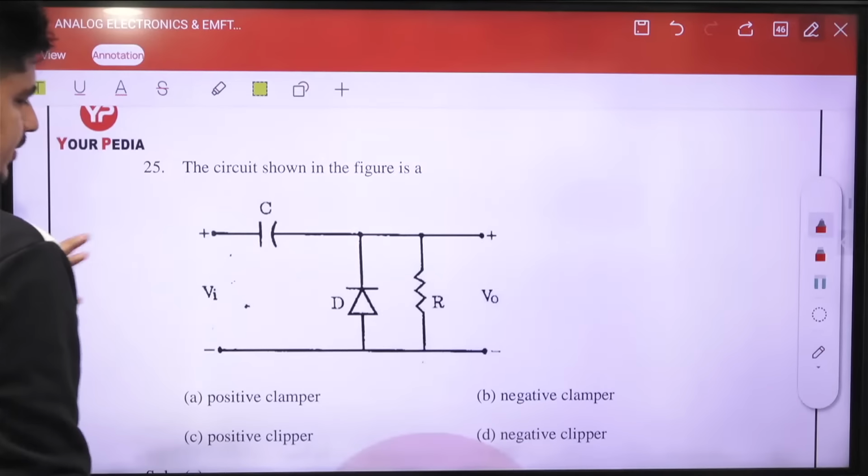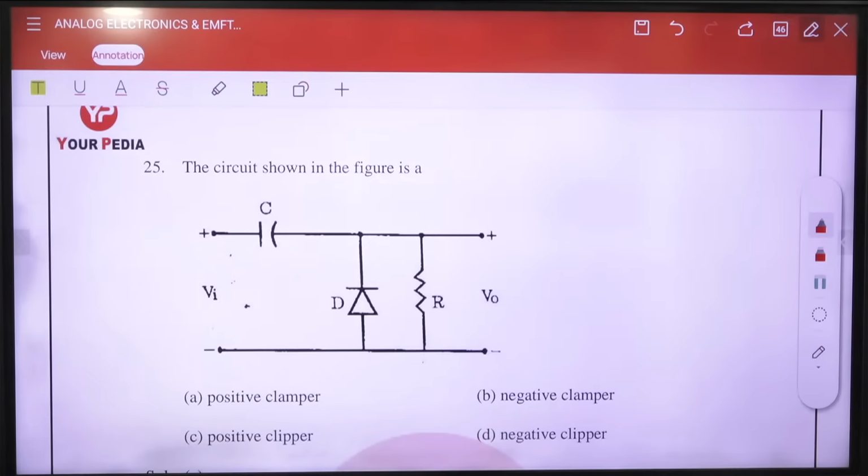What is this? The circuit shown in the figure is a positive clamper, negative clamper, positive clipper, or negative clipper. Basically, whenever you see the capacitor, the capacitor makes this circuit a clamper.